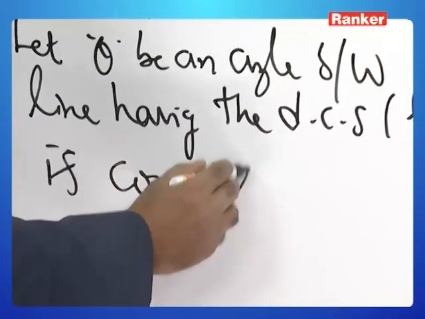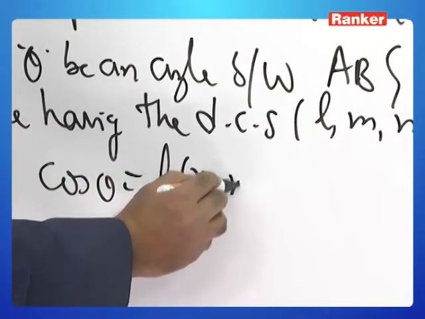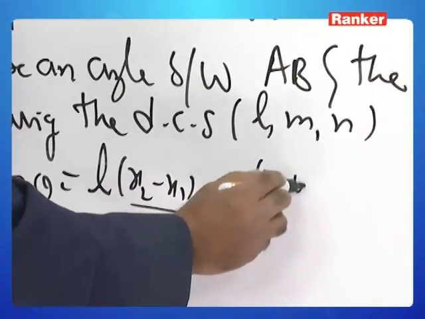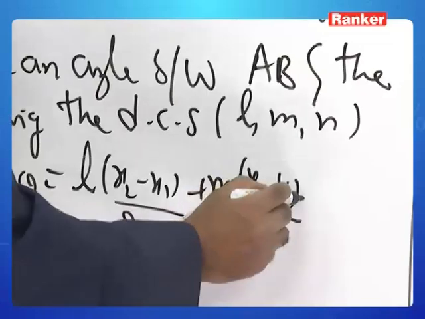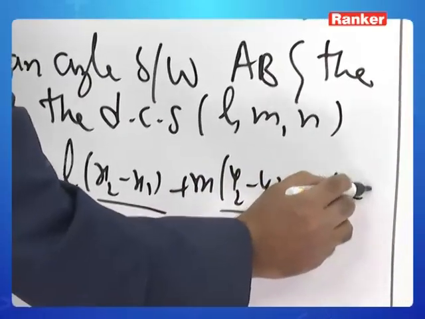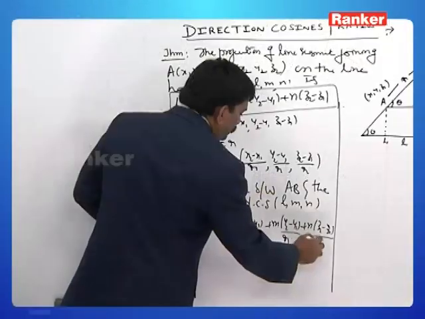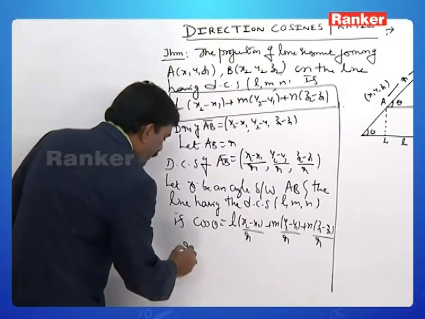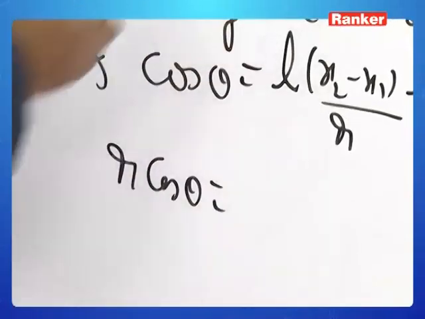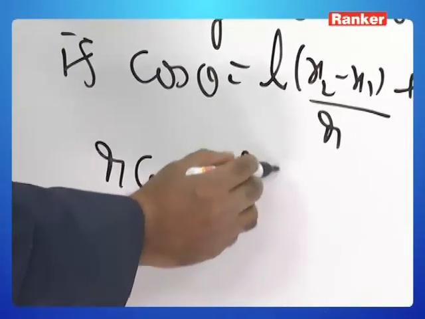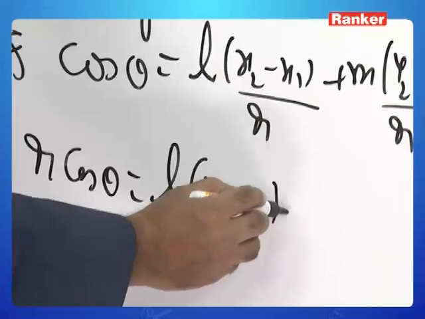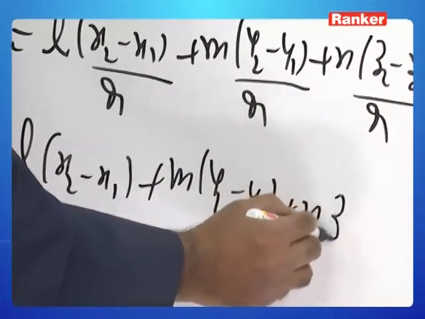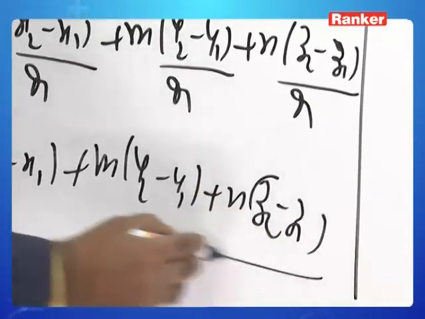Cos theta is equal to l into x2 minus x1 by R, m into y2 minus y1 by R, n into z2 minus z1 by R. Therefore, cross multiply, R into cos theta is equal to l into x2 minus x1, m into y2 minus y1, n into z2 minus z1.